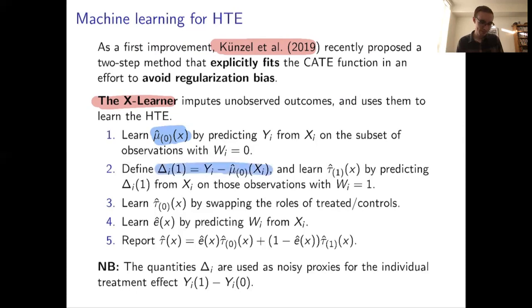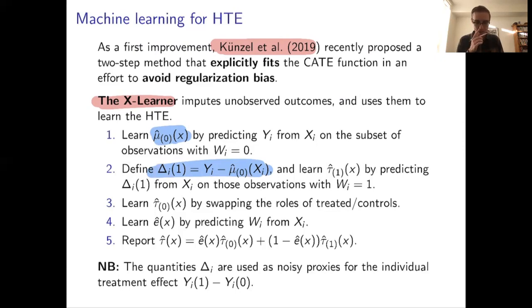And then look at delta I1 of X. That is the difference between the actual outcome for the treated unit minus your best guess of what you might have seen had you received the control outcome.